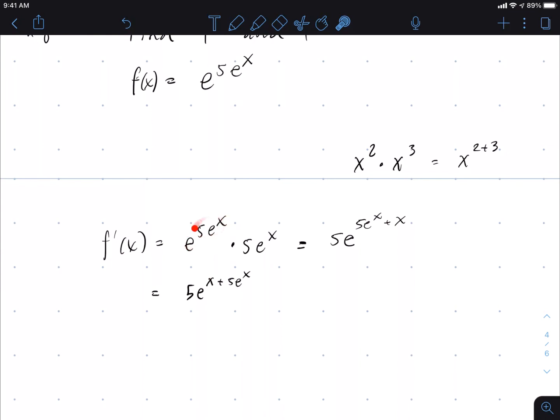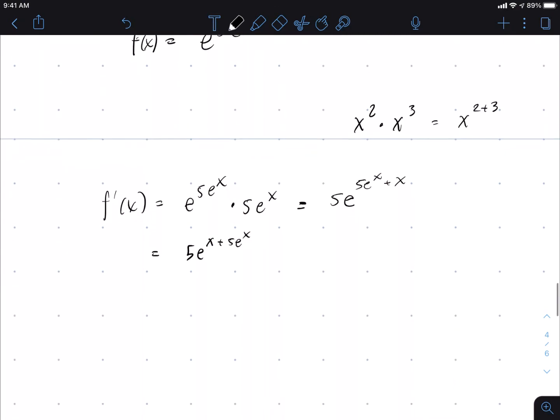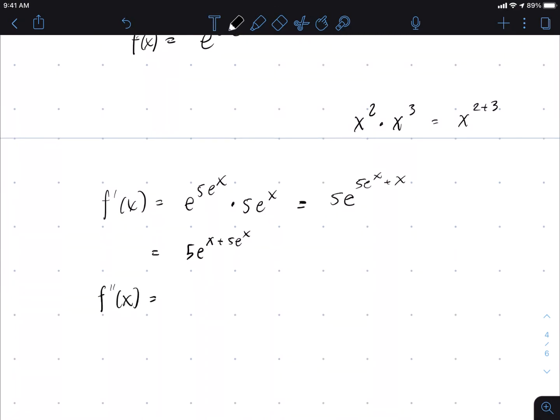But then this is the inner function, so what's the derivative of this? It's 5 times e to the x. 5e to the x. Yeah. You with me? Yeah. All right. Cool. All right, second derivative. Did anyone get that yet, or are you still working?